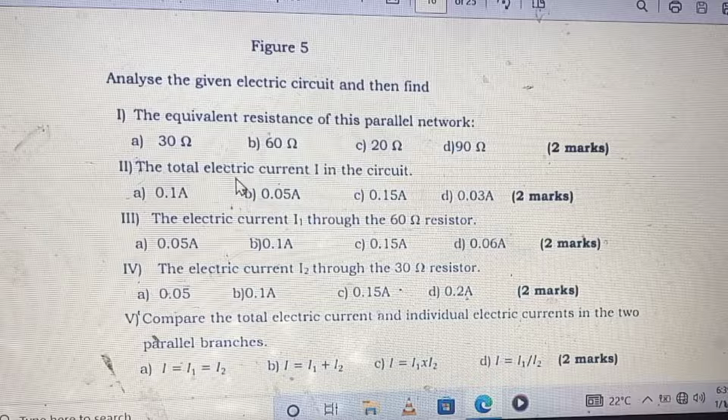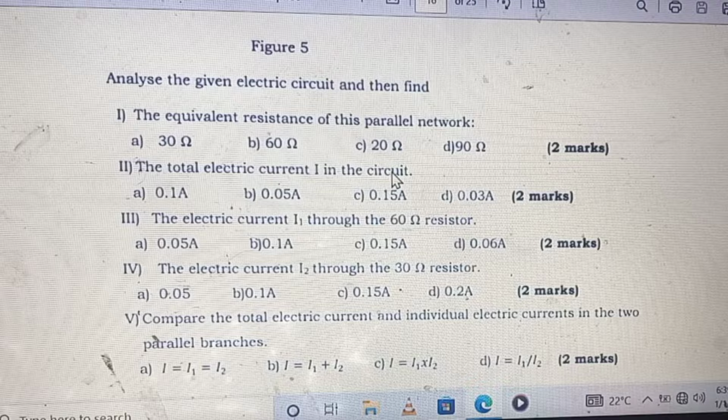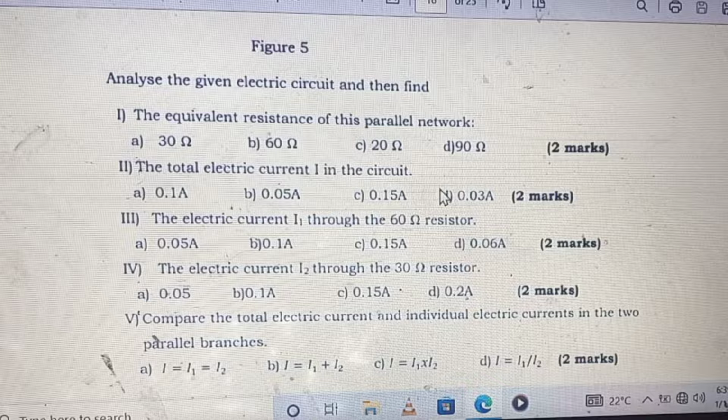I2, the total electric current I in a circuit. The best option is C, 0.15 ampere from the formula the current equal to EMF over resistance.